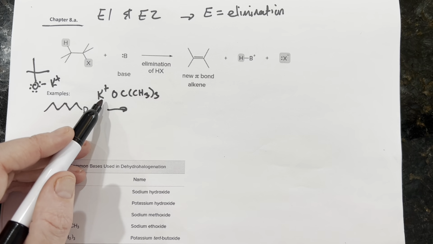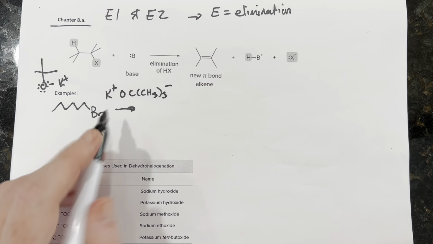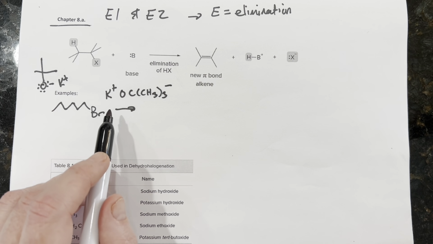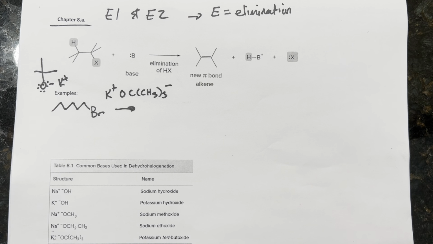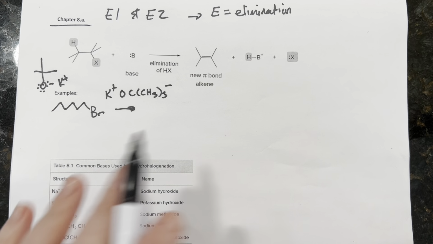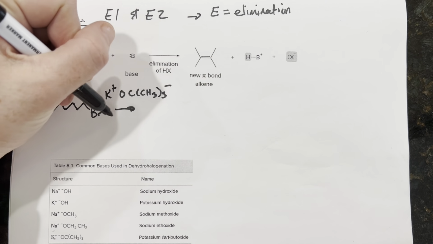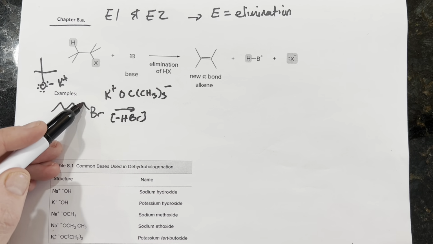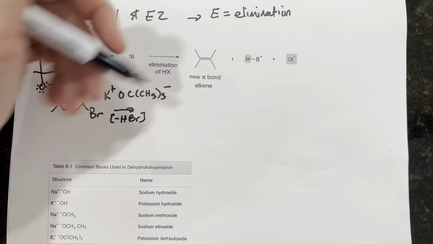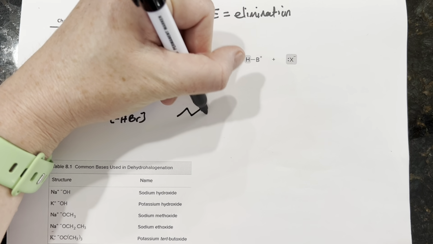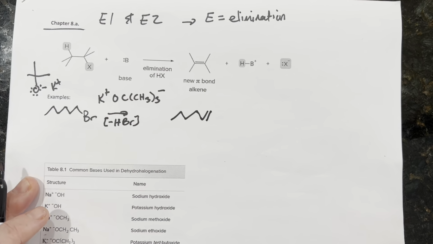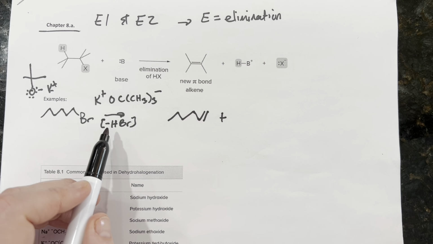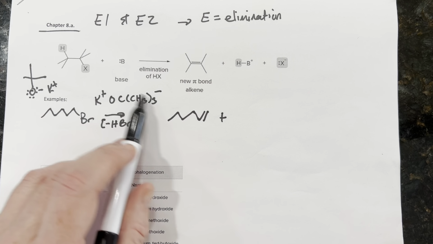Now, generally we can ignore the K plus, and that would be a negative, by the way. This whole part would be the negative. Generally we can ignore a K plus, and you'll get used to doing that in a little bit. But for this first one, let's just write what you'd get as products. You're going to lose some kind of HBr, so you'll lose a bromine from here, you'll lose a hydrogen, and what you'll end up with is that plus, the H is going to go onto this thing right here.